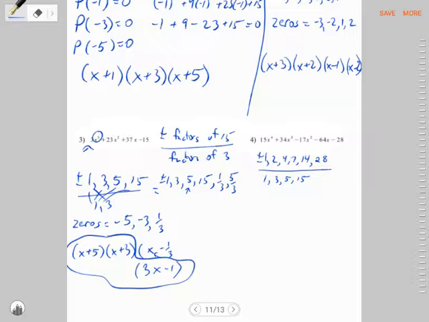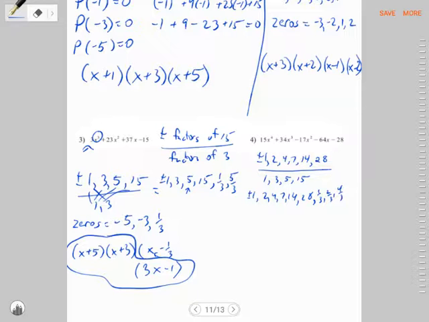There's just a lot more choices here. Dividing by 1, those are all there: plus and minus 1, 2, 4, 7, 14, and 28. And then of course we divide by 3. So 1/3 is new, 2/3 is new, 4/3 is new.